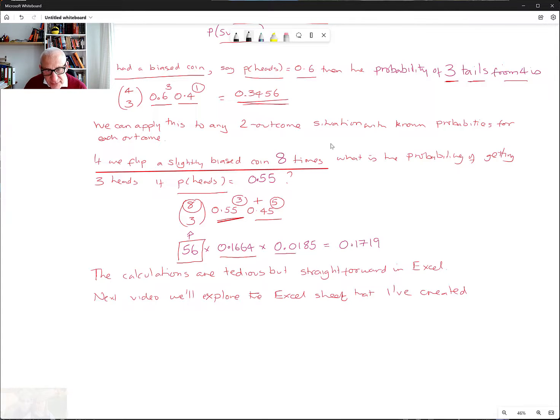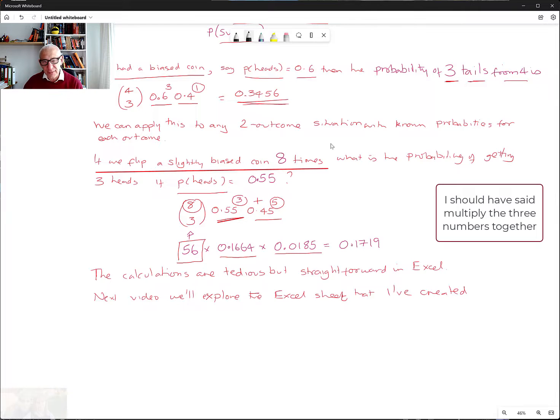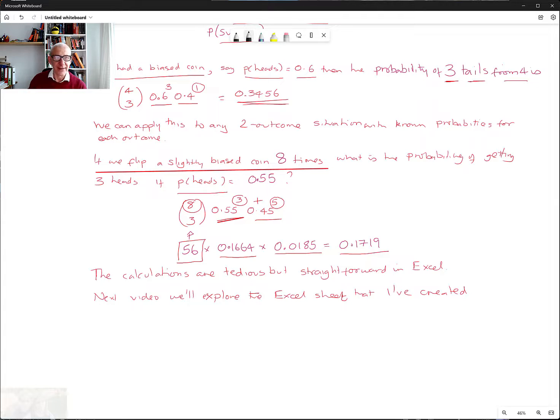This bit here gives you 0.0185, and when you add those two numbers up, you get 0.179. So the probability that you're going to get 3 of those heads, sorry, did I say heads or tails? Getting 3 heads, yes, is 0.179. So those calculations are tedious, but they're straightforward in a number crunching device like an Excel spreadsheet.